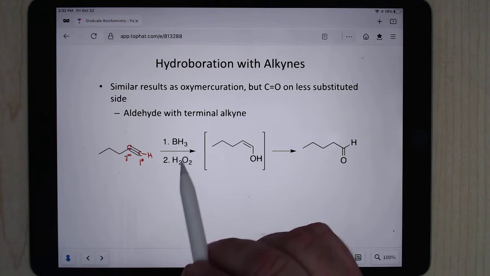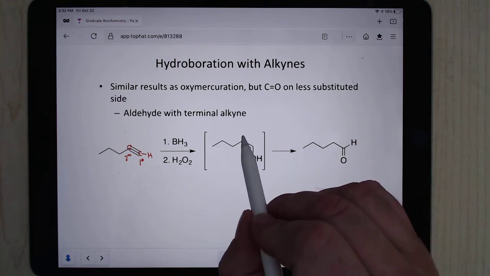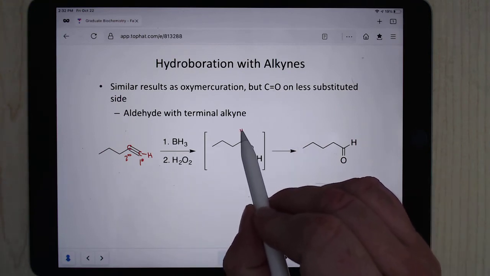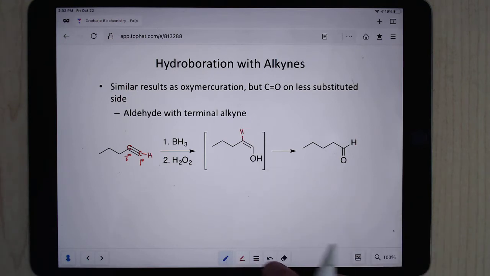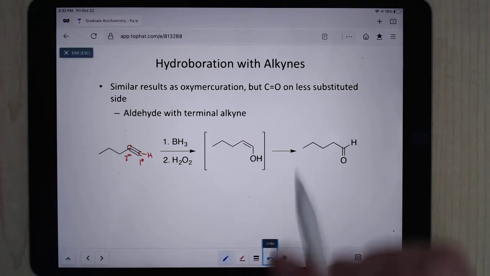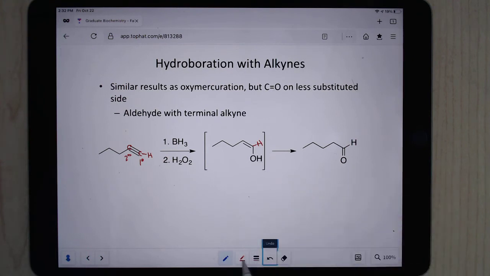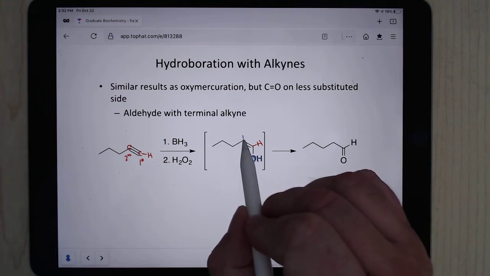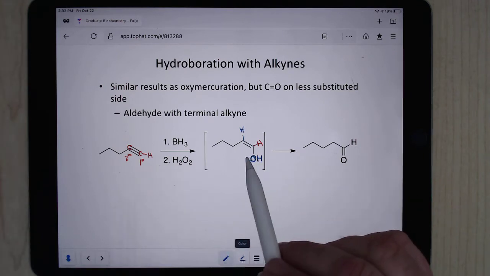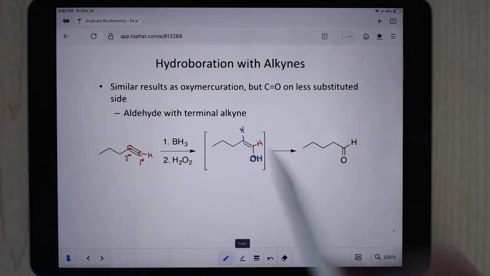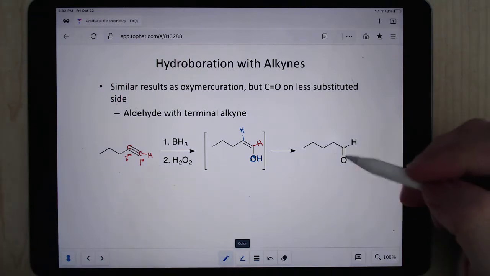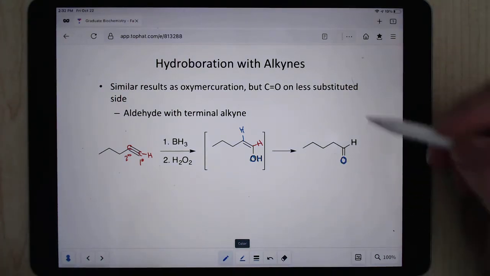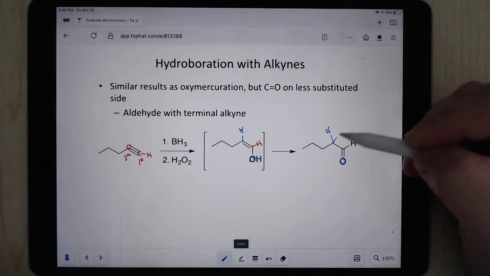We're doing hydroboration here. So here's that H, and we're going to add OH, H, so H on one side, OH on the other. Now this is going to flip around, and so now this is the O, and the two H's end up here.